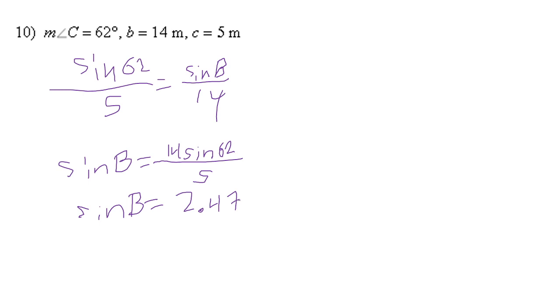Okay. And maybe alarm bells are already going off in your head, but if not, you keep going. You try to solve for angle B, so you do inverse sine of both sides, and you get a domain error. Things don't work. If you think back to our unit circle, the most any sine value can be is 1, right?